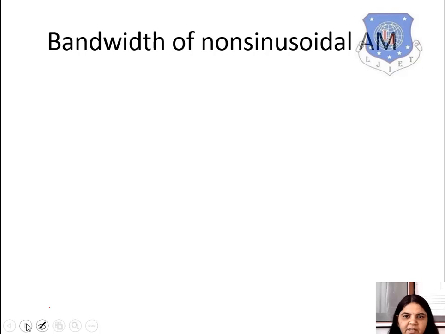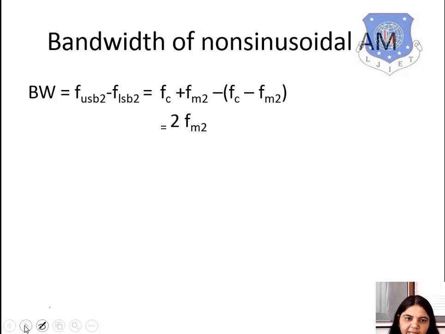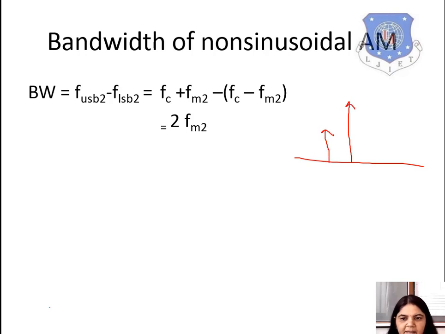Now the bandwidth of non-sinusoidal AM. What is the bandwidth? In the spectrum you have seen, the band was FUSB2 minus FLSB2. We have drawn it like this, so you can have an idea about it. This was my spectrum, and the spectrum contains the 4 sidebands and 1 information signal.